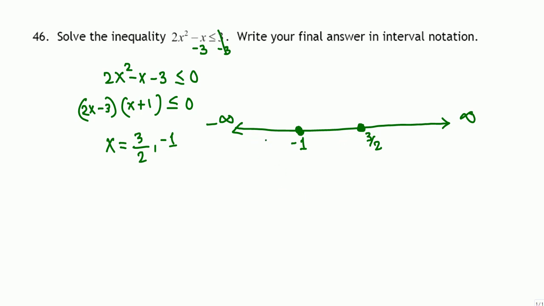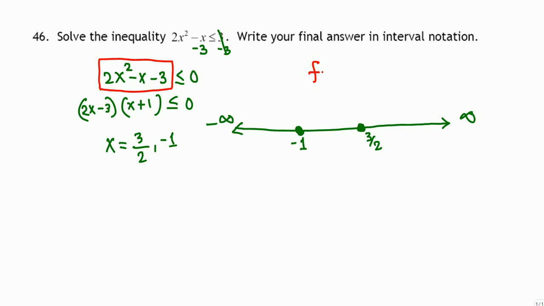Now we want to pick a testing sample point, a test value, or take a representative from each interval and plug that into this polynomial, here or here, doesn't matter, and write down the sign. We want this polynomial to be less than or equal to 0. That means this should be negative.